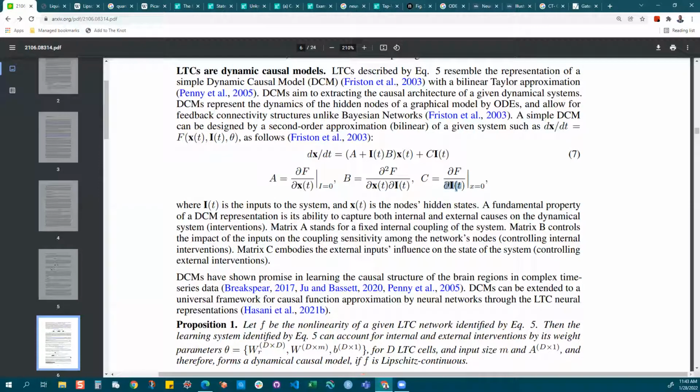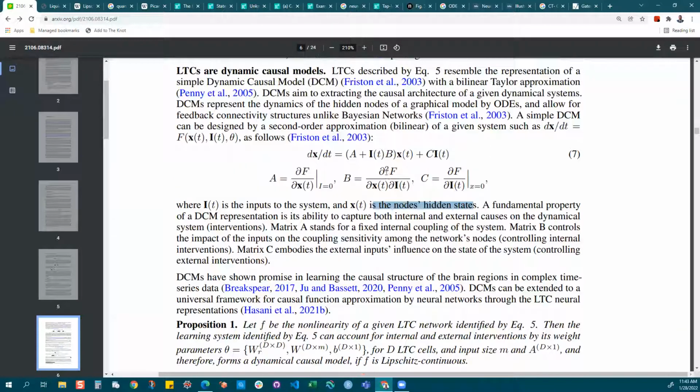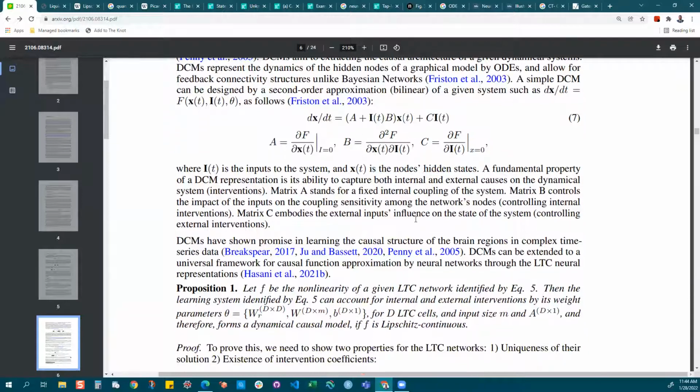And then C is the derivative of that function f with respect to all the inputs a system receives, I being the inputs to the system, and x is the node's hidden state. So this is the relationship between hidden states in the neural network and the flow of information that a system receives.